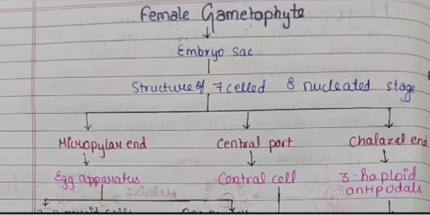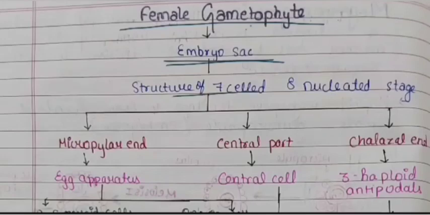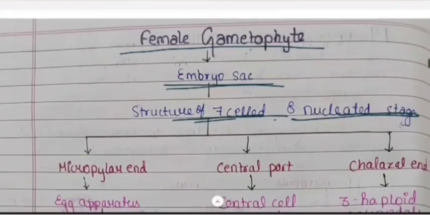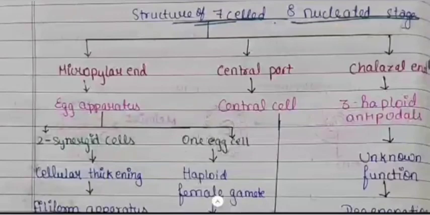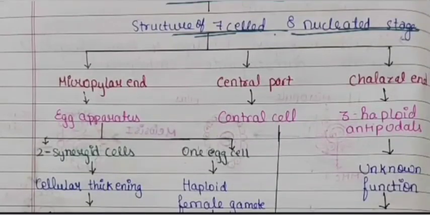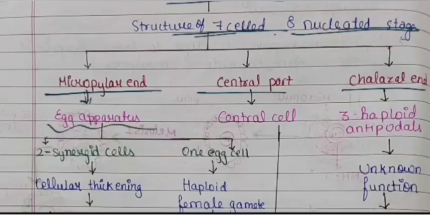Now, if we talk about the female gametophyte, that is the embryo sac, it is at the 7-celled and 8-nucleated stage. As we have seen in the previous slide, there are the micropylar end and the chalazal end. At the micropylar end, the egg apparatus is formed, out of which two synergid cells and one egg cell are present.